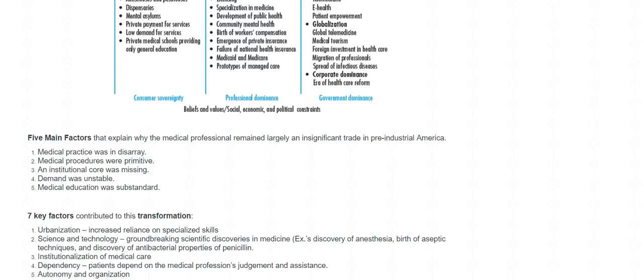Okay. And now we're going to be talking about the 5 main factors that explain why the medical profession remained largely an insignificant trade in pre-industrial America. So I'm going to switch over to the PowerPoint slides, since there are a number of slides that touch on this topic. All right.